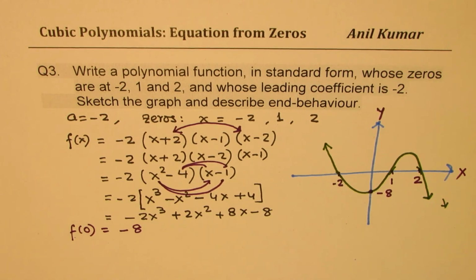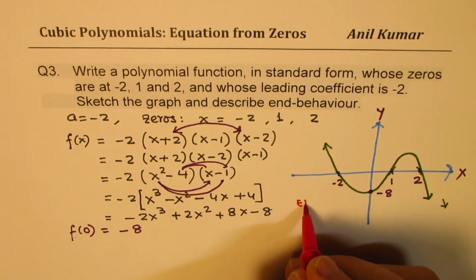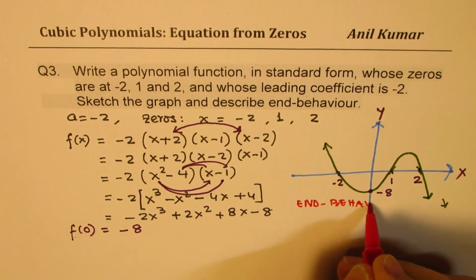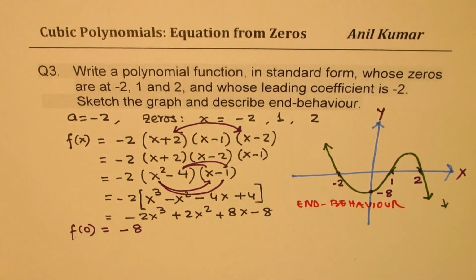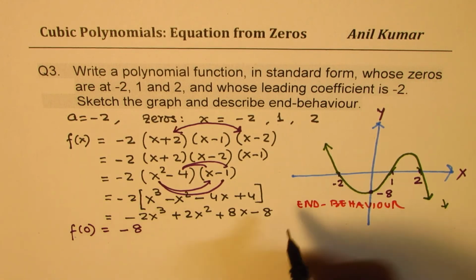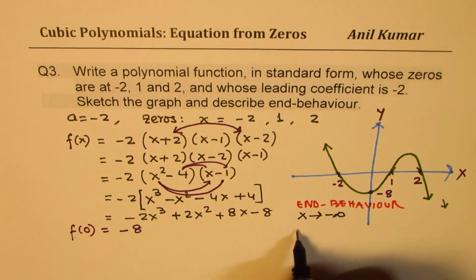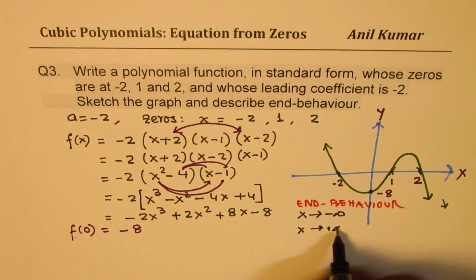And now let's write down the end behavior. End behavior really means what happens to the graph when x is approaching two extreme values, which is minus infinity and positive infinity.